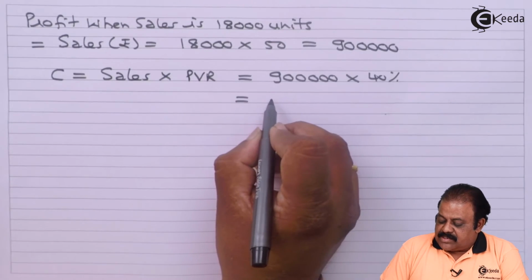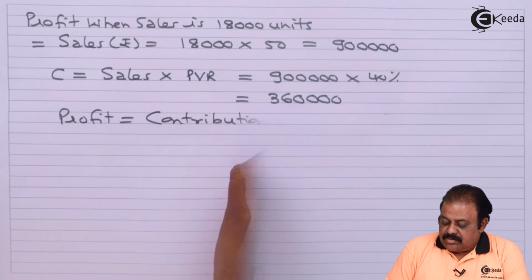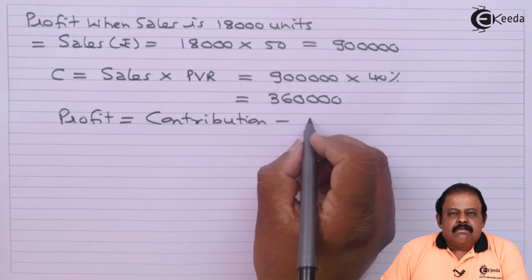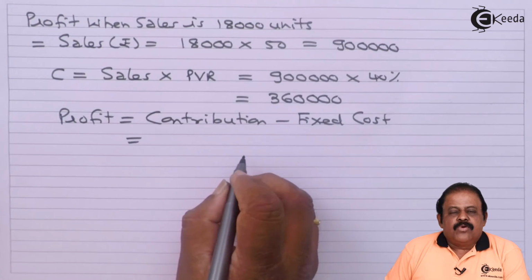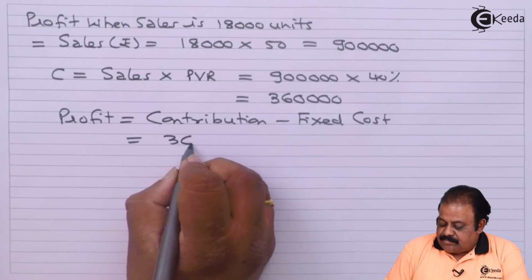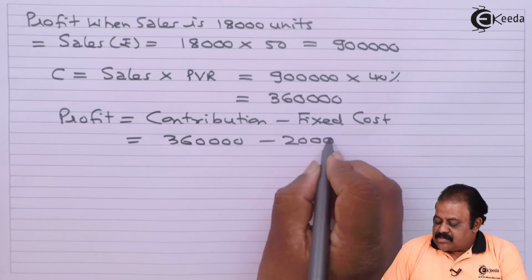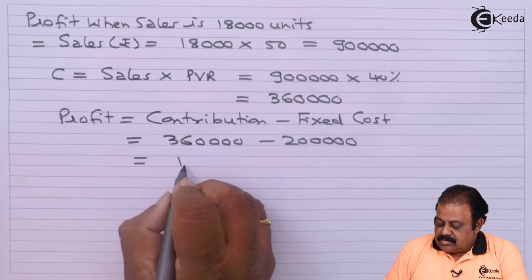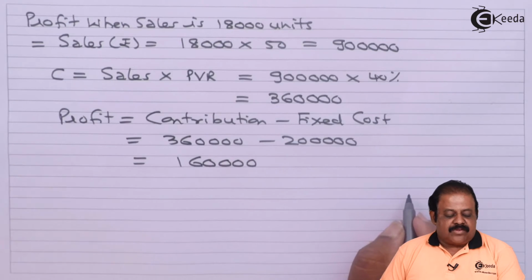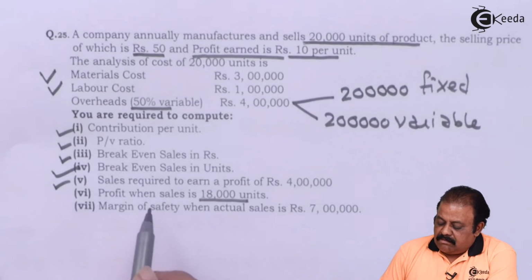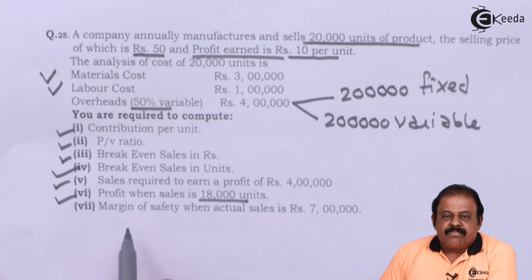So contribution is 3,60,000. Profit is equal to contribution minus fixed cost. Contribution here is 3,60,000. Fixed cost we have 2 lakhs. So profit is 1,60,000. So we have calculated profit when sales are 18,000 units.